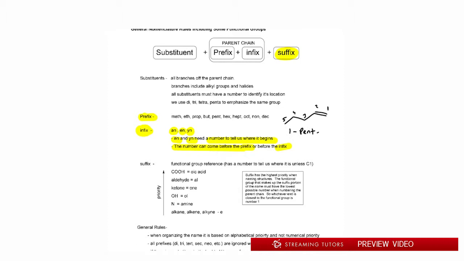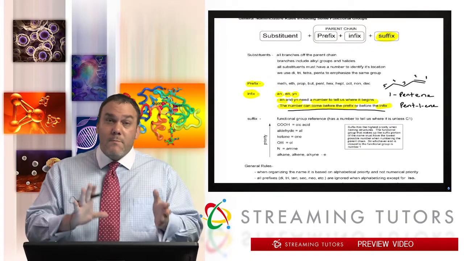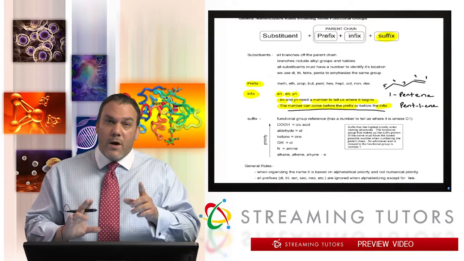I have an en, and if there is nothing else on this, I'll just tell you now, we add an e to it. So it's 1-pentene. But I could also write pent-1-en, and it means the same thing. That's what I mean by this rule: the number could come before the prefix or the infix.